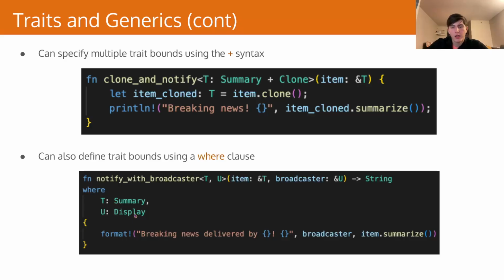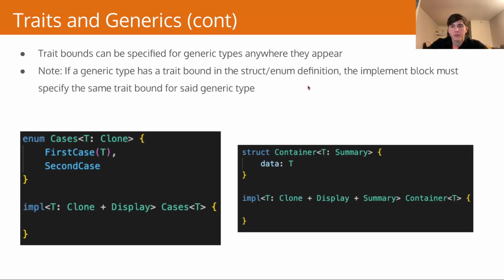This is a bit more clunky though. You might not find this as much. This is quite clean. So trait bounds can be specified anywhere it appears. For example, T here can be for clone and display, but not summary. Here it's clone, display, and summary.